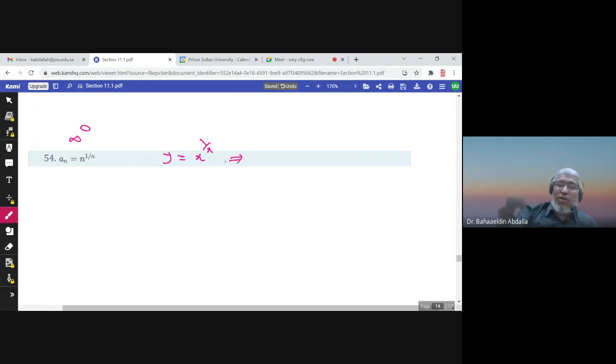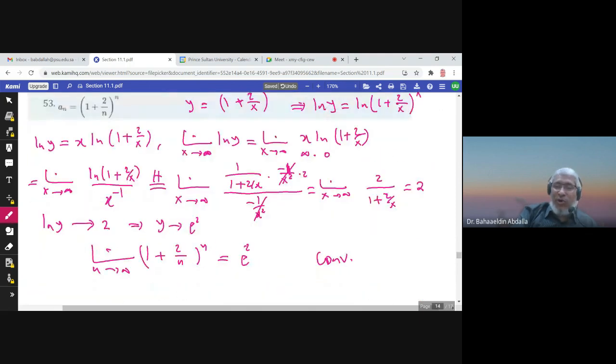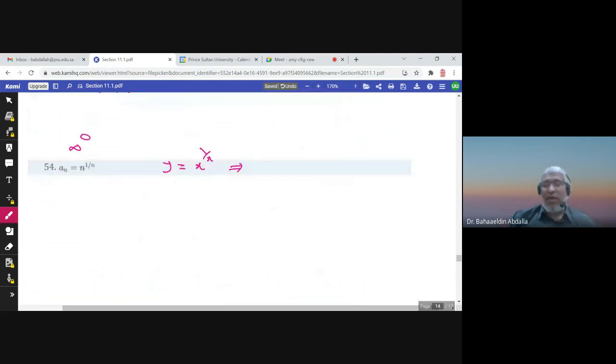This is the way to deal with infinity to the power 0, or 1 to the power infinity. You have to apply ln to both sides, and then the 1 over x would be here. Now you find the limit of ln y when x goes to infinity.